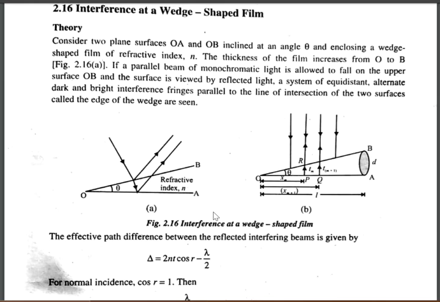That means you will see straight fringes parallel to the line of contact between the two glass plates at point O. Remember, figure A or figure B is only a two-dimensional figure. If you think of the two glass plates, then at point O the contact between them is a line. Therefore, the fringes observed will be parallel to the line of contact at point O.